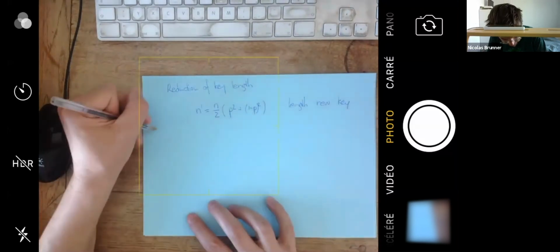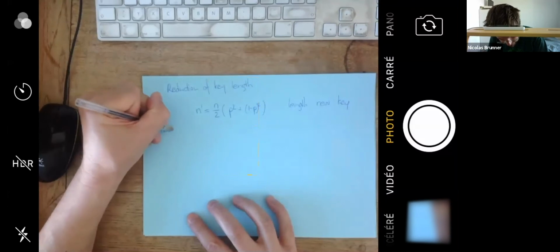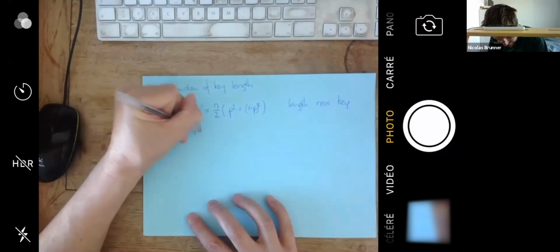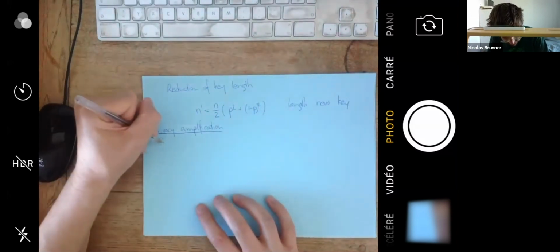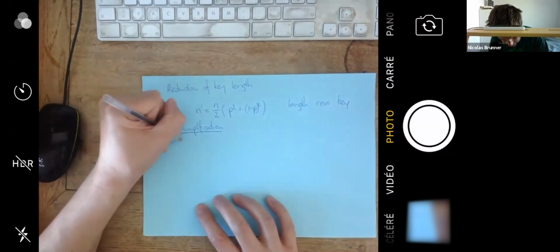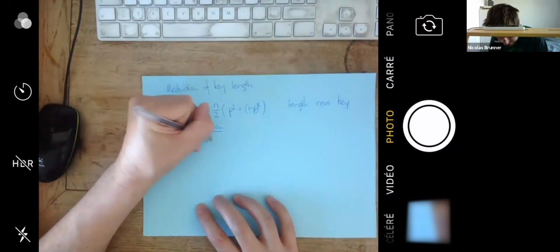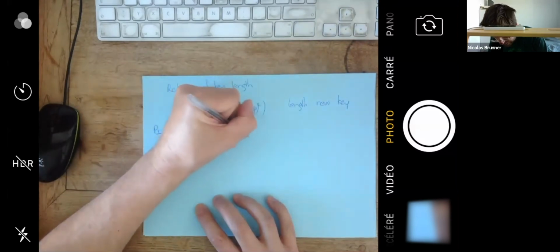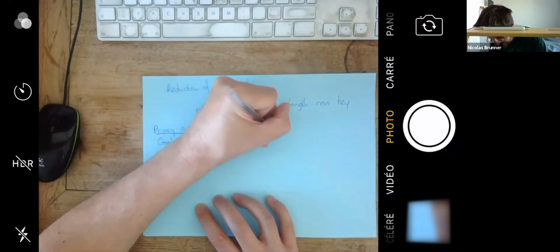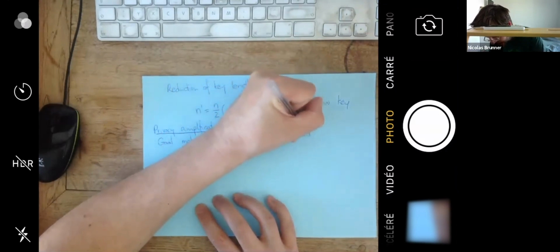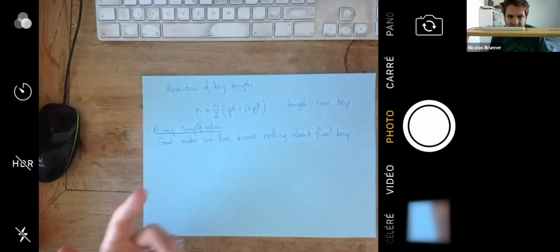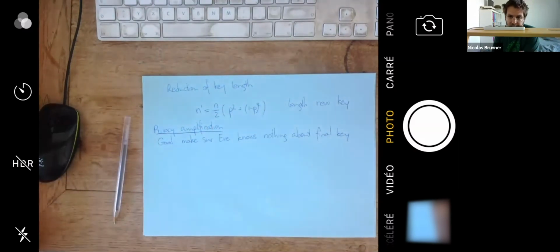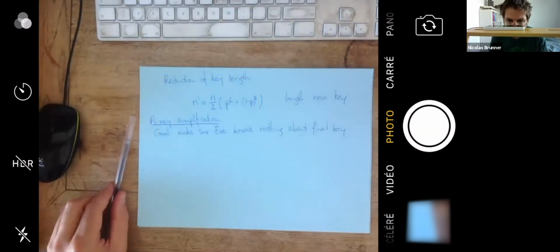All right, so now we move to the last step, which is privacy amplification. As the name suggests, the goal is to make sure Eve knows nothing about the final key. Because in error correction, Alice and Bob improved their mutual correlations in the key.